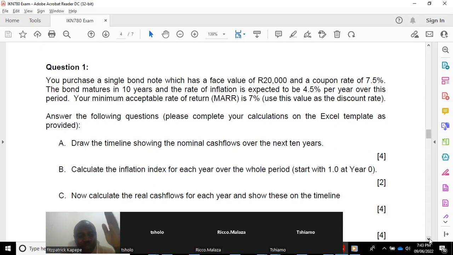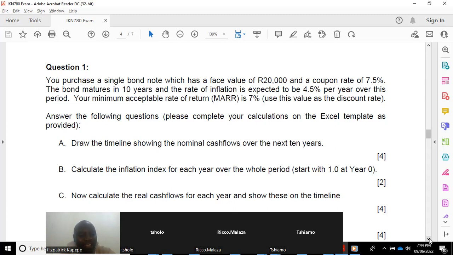Your cash outlay is at year 0, because you're just going to give the money to Mr. Ramaphosa so that he can construct or maintain roads in South Africa. Then Mr. Ramaphosa tells you, if you give me money, I'll give you this paper. But what this paper will do is that every year end, you'll be receiving a coupon of maybe 7.5%, like in this case.